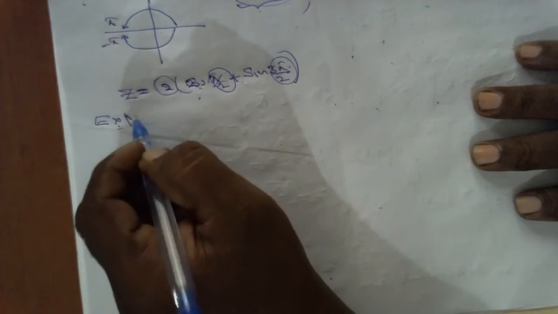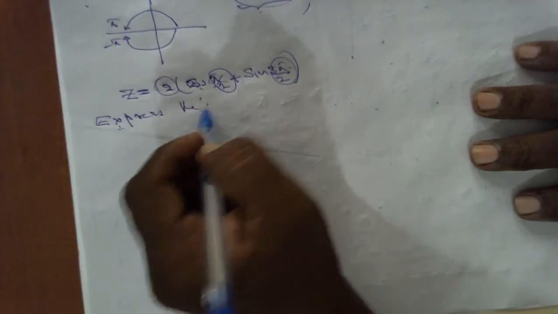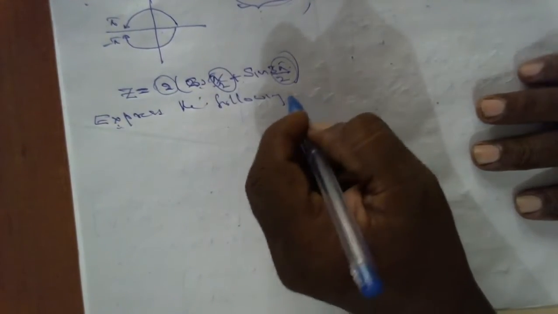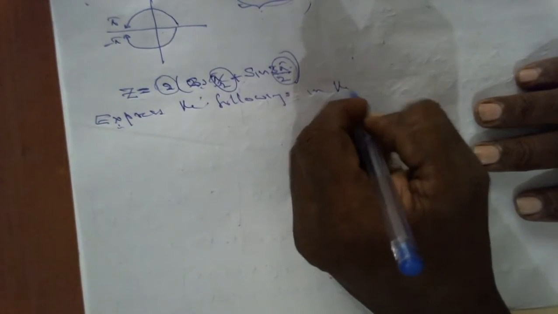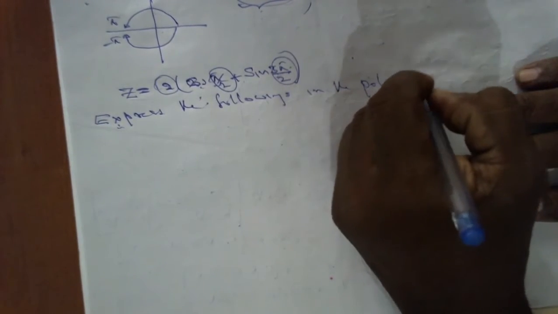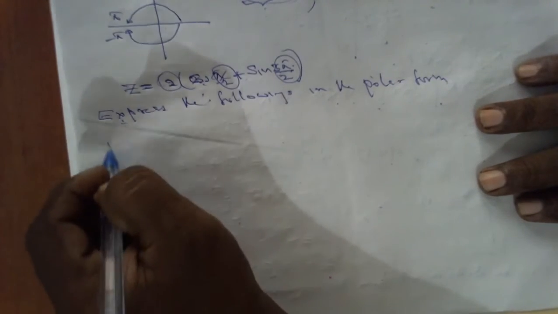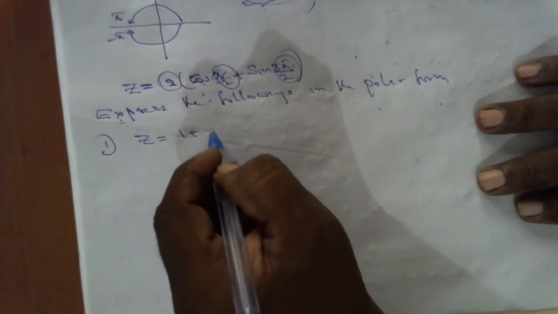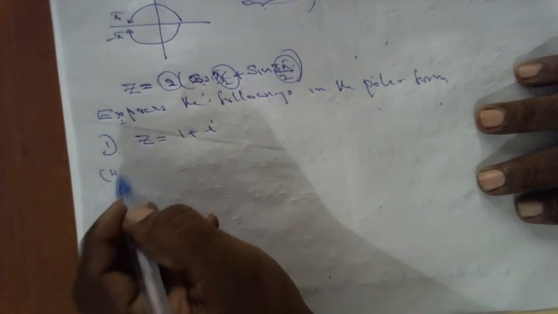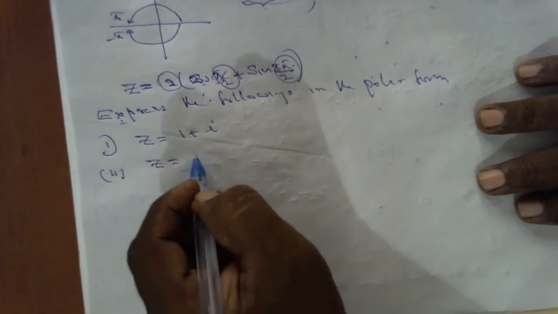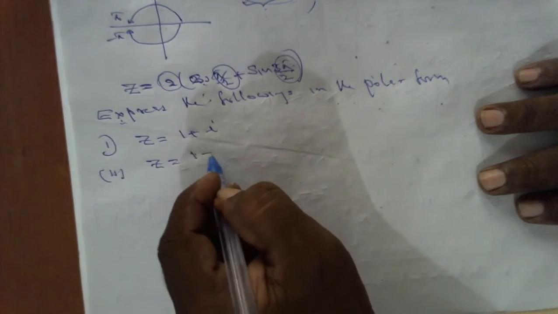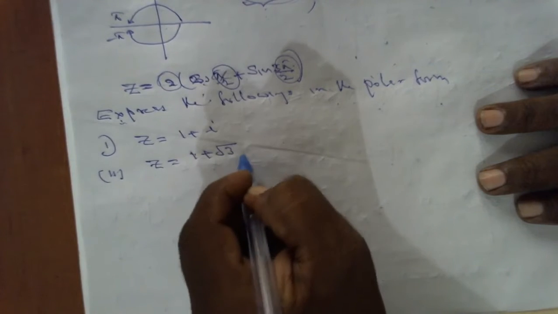Express the following in polar form. Example 1. C equals 1 plus i. 2. C equals 1 plus root 3 i. 3.